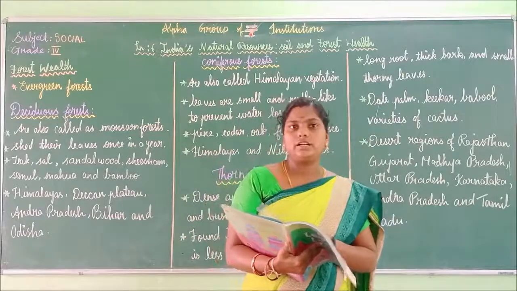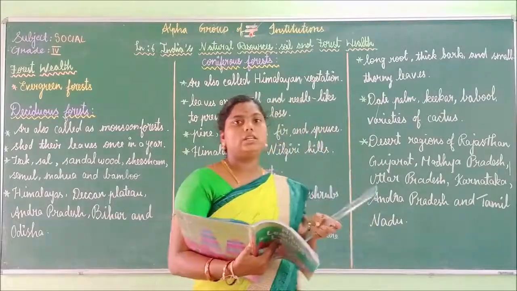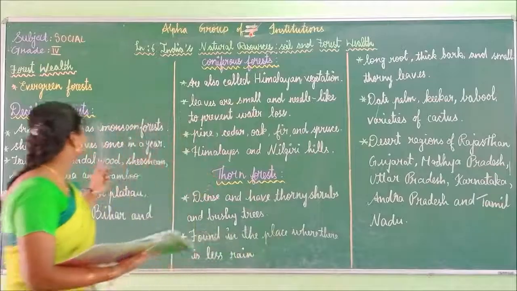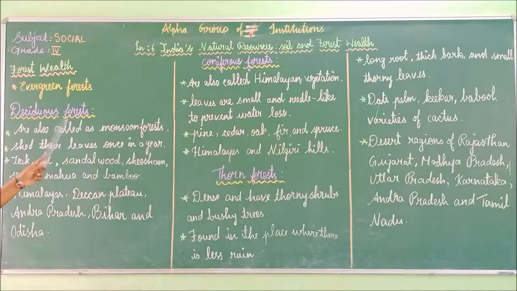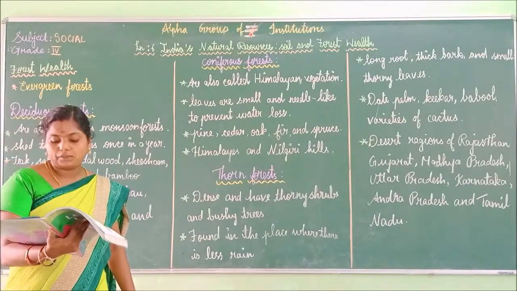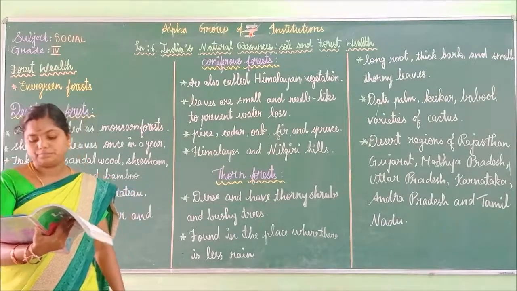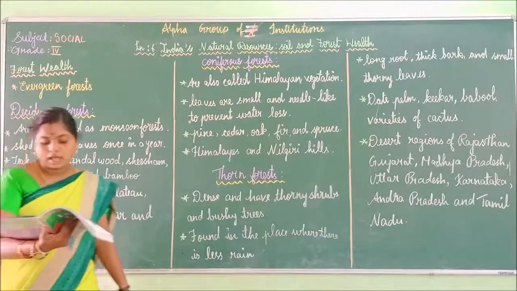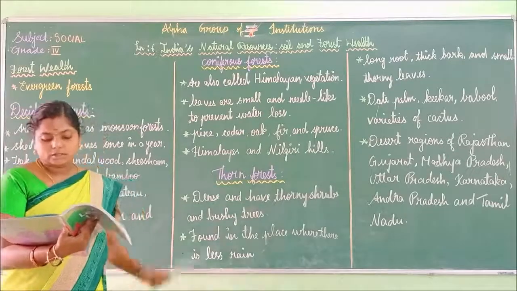Is it clear, children? Now we are going to learn the next one, deciduous forest. Deciduous forests are also called monsoon forests. They are found in regions where summer is short and cool and winters are long and hot with heavy snowfall. Their leaves are small.